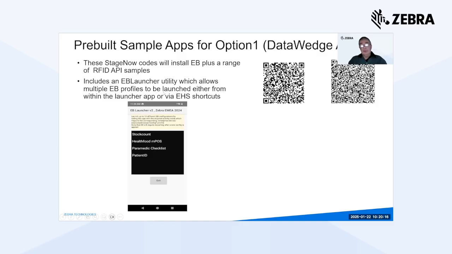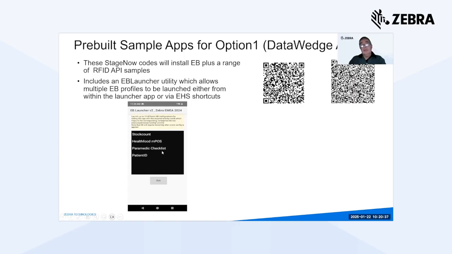And this will install Enterprise Browser plus some demos. It also installs the Launcher app here, which will allow you to select one of the pre-built demonstrations in order to test it on a device. So basically it does everything you need in order to test this method with some pre-built samples.